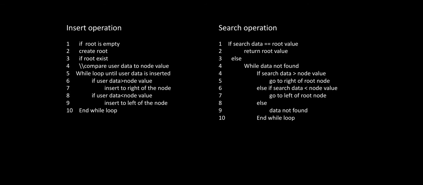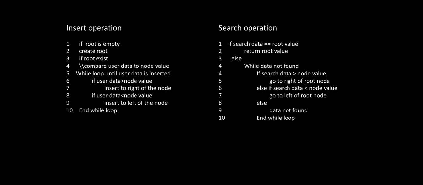If user data is less than the root node or the node value, insert to the left, until everything is satisfied, until the user data has been inserted. It's gonna end the while loop.